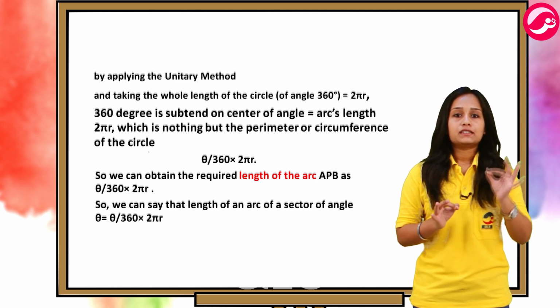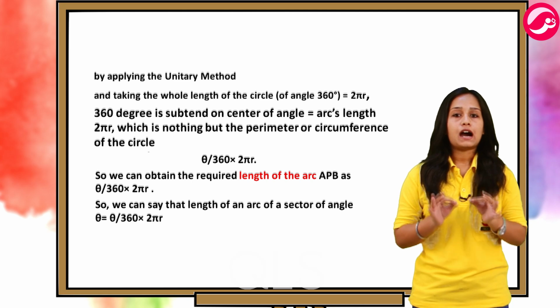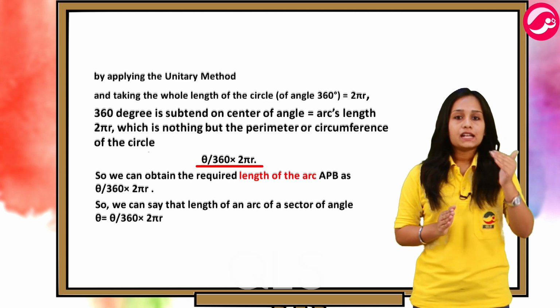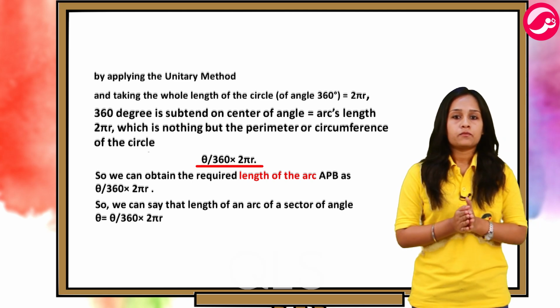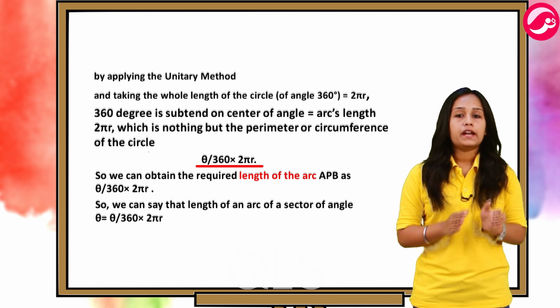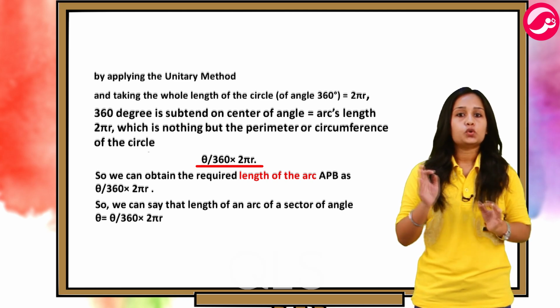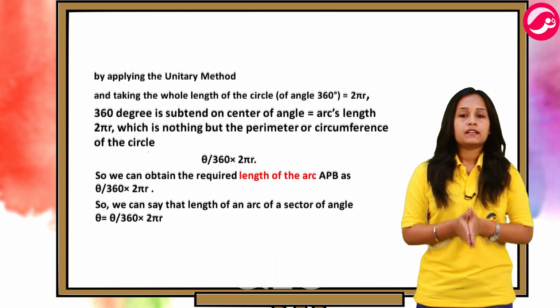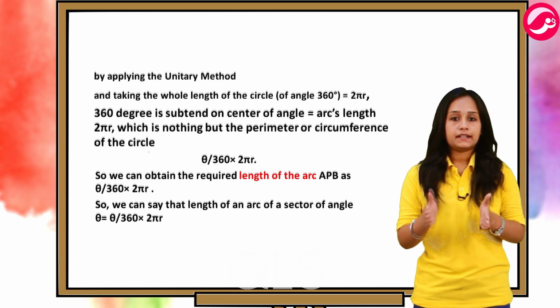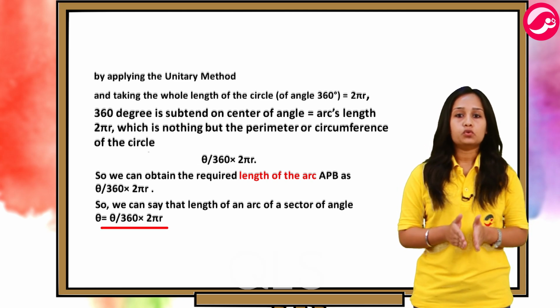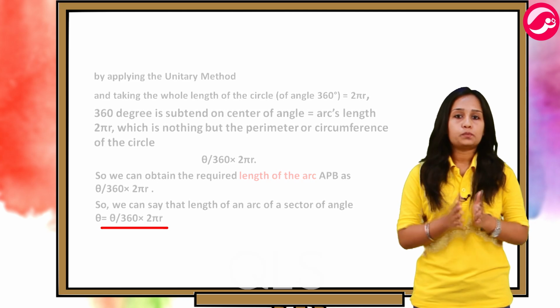So, when angle theta is subtended at the center, the length of the arc will be theta by 360 into 2 pi r. So, we can say that the length of an arc of a sector of angle theta is equal to theta by 360 into 2 pi r.